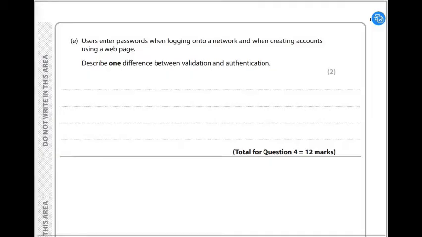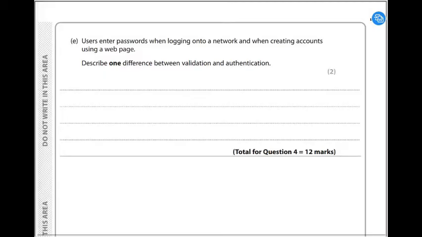E. So users enter a password when logging onto a network and when creating accounts using a web page. So you need to describe one difference between validation and authentication. So you're basically saying what they are. So you can say validation is used to check that the password entered by the user is fit for processing, whereas authentication is used to verify the identity of a user.